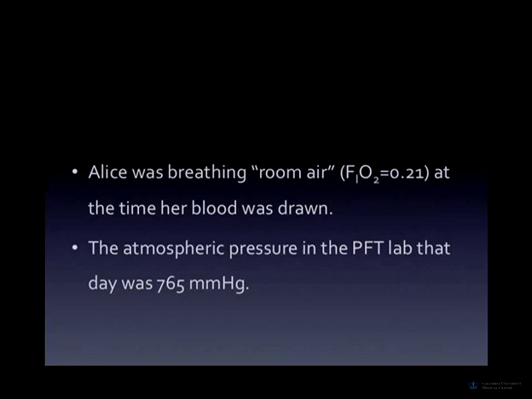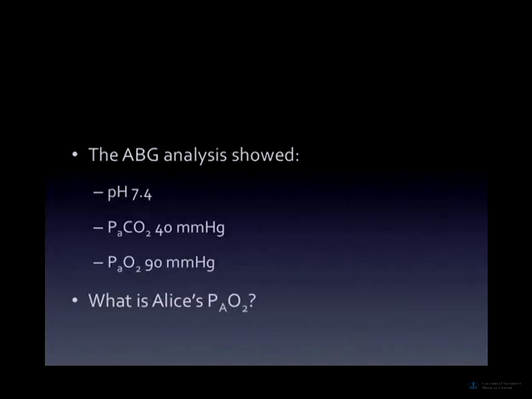Alice was breathing room air, which we know has an FiO2 of 21%, and the atmospheric pressure in the PFT lab, which they measure, was 765 millimeters of mercury, so slightly different from that 760 that we've been using. Her ABG analysis showed that she had a pH of 7.4, a PaCO2 of 40, and an arterial oxygen tension, or PaO2, of 90 millimeters of mercury.